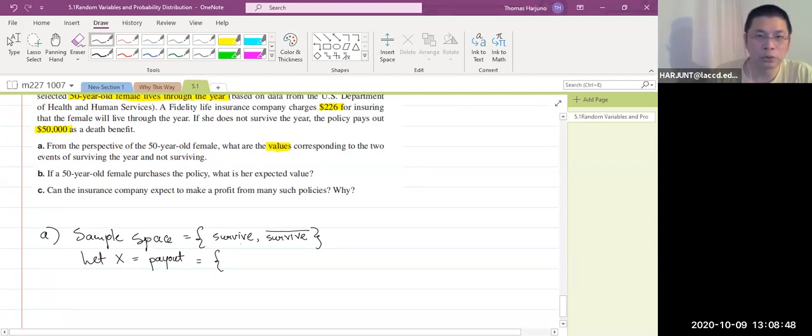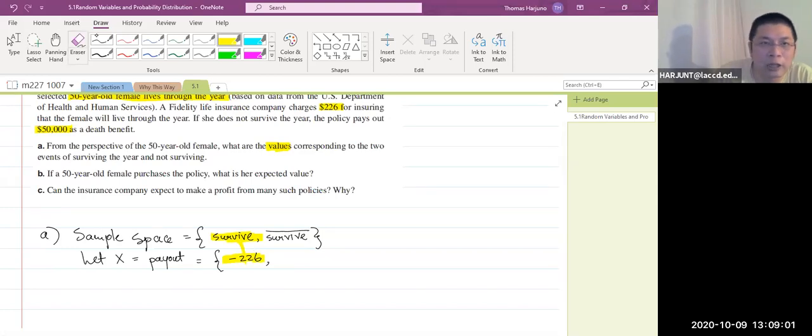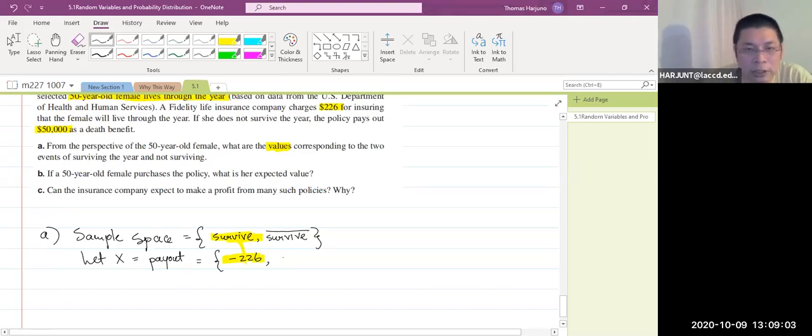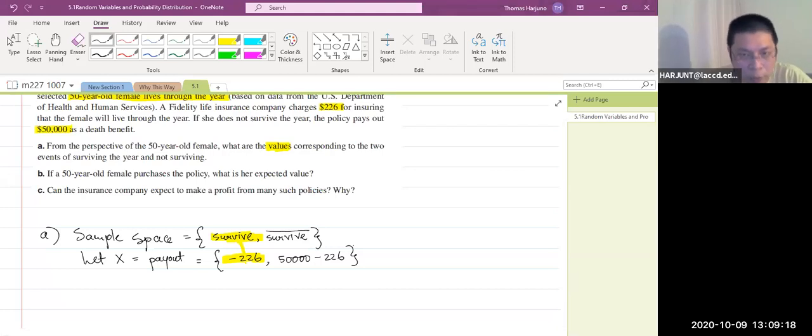She will lose, for survive, she will lose $226, right? If she survived. Now, what happened if she died? Then, if she dies, then the payout will be 50,000 minus that $226. Well, for you to be in the program, you have to pay 226, regardless you survive or not, right?